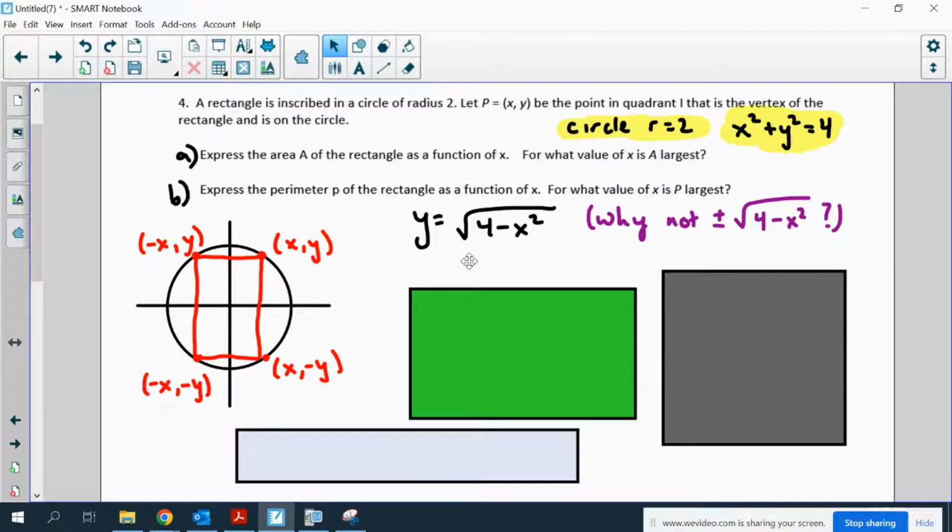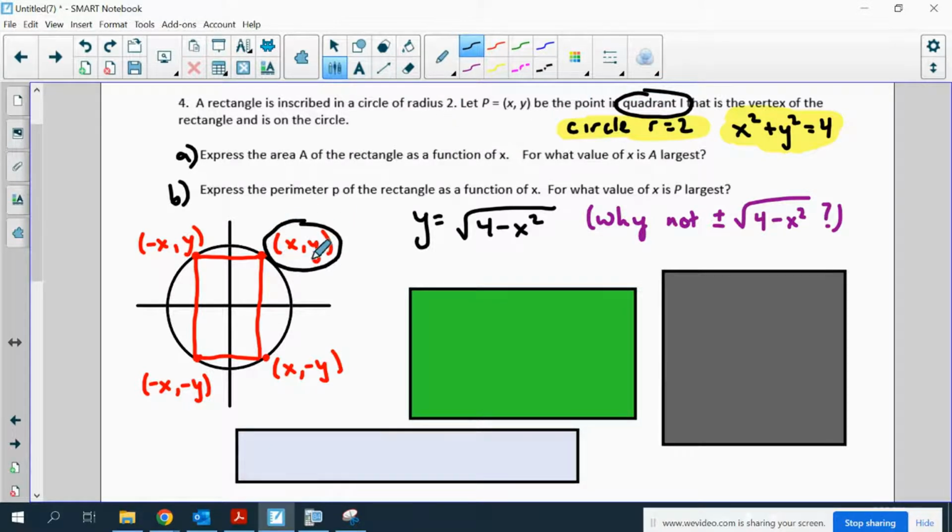Because whenever I take a square root in an equation, I should put a plus or minus. The reason it's not plus or minus is because since they already told me that this is in quadrant 1, I know that y is going to be positive. So I only need the plus case. I don't need the minus case.